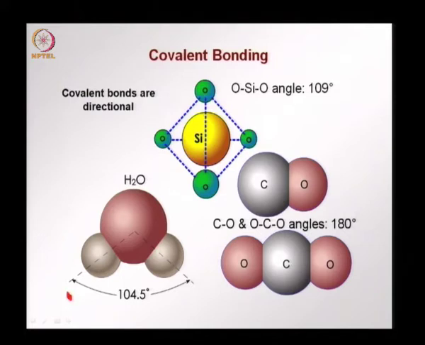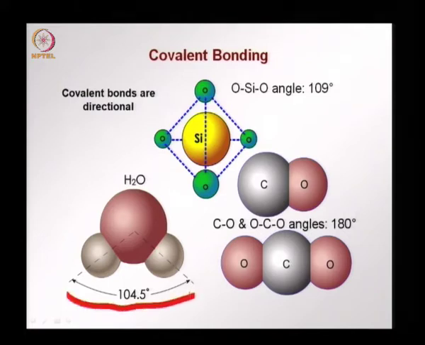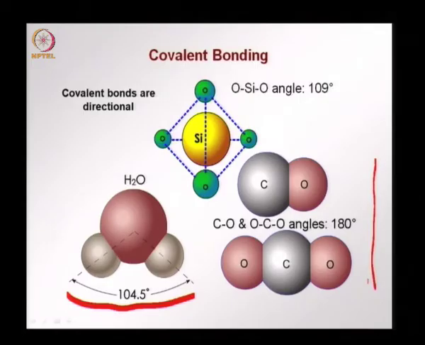For example, we see here in the water molecule, an angle of about 105 degrees between the hydrogen oxygen hydrogen configuration. Similarly, when we have a bond between carbon and oxygen, the angle is 180 degrees. That means, we have lengthwise configuration of the molecules in the case of carbon monoxide and carbon dioxide.